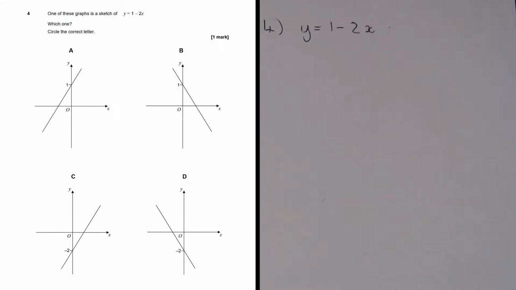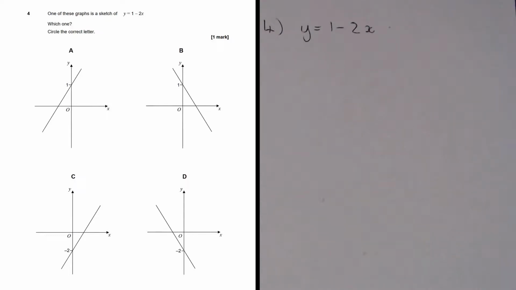In question 4, we are given a sketch of y equals 1 minus 2x. This is a straight line. And the question asks us to circle the correct letter that corresponds to the graph of y equals 1 minus 2x.